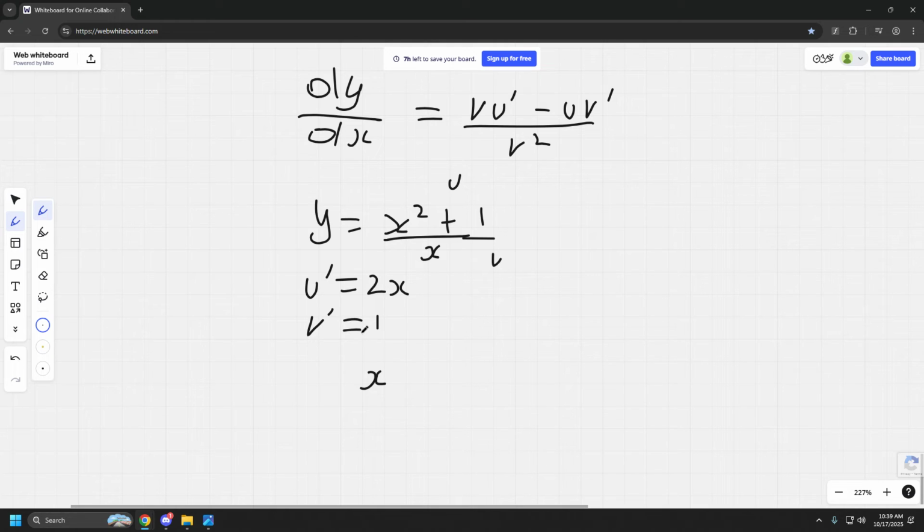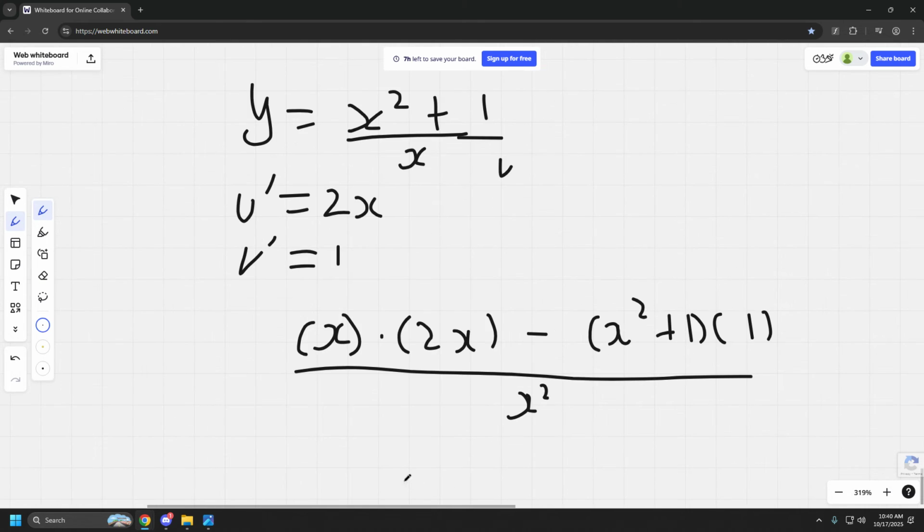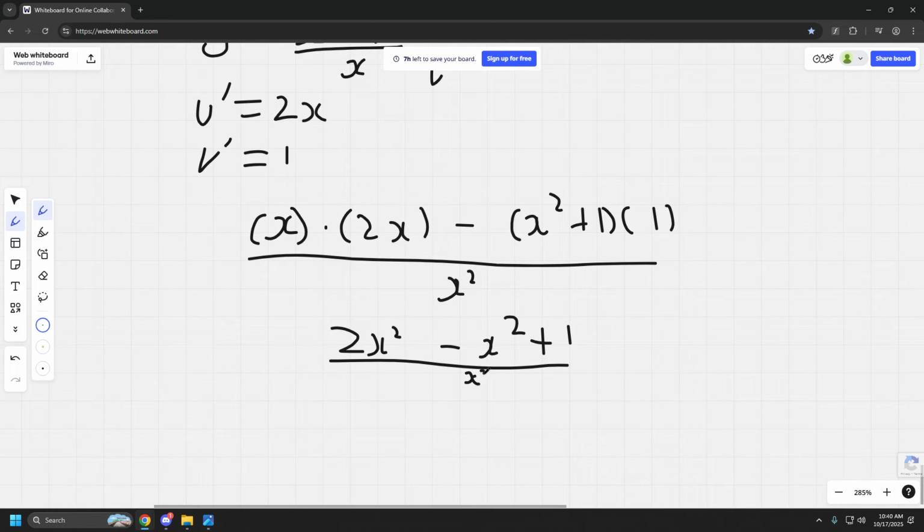Multiply that by 2x, minus u, which is x squared plus 1, multiplied by v prime, which is 1, divided by v squared, which is x squared. So that would be (2x squared minus (x squared plus 1)) divided by x squared.